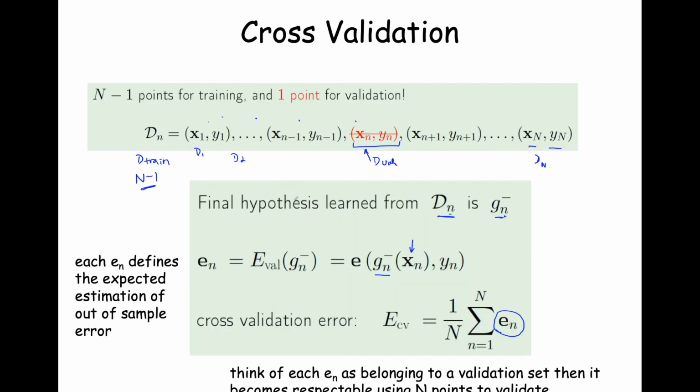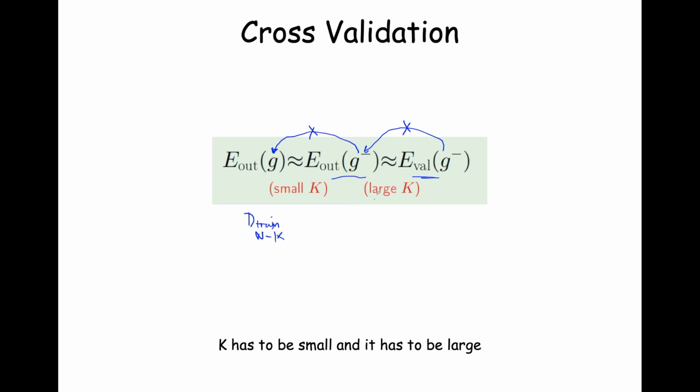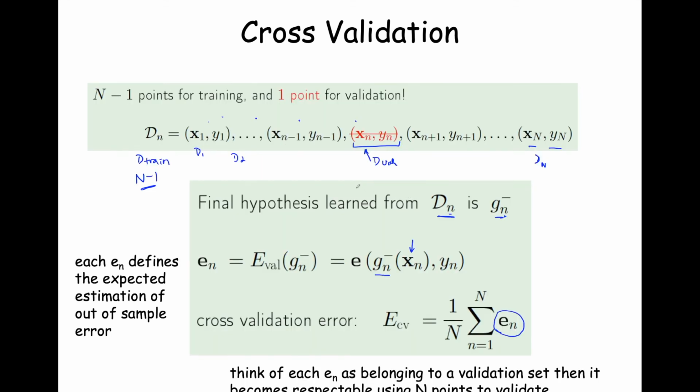Because we average over all of the N data points, it looks like a validation set, and that also satisfies our criteria of having large K. And so this cross-validation error achieves both of those and allows us to make good selections, using validation error to select our best hypotheses while still maintaining great estimates for out-of-sample error.